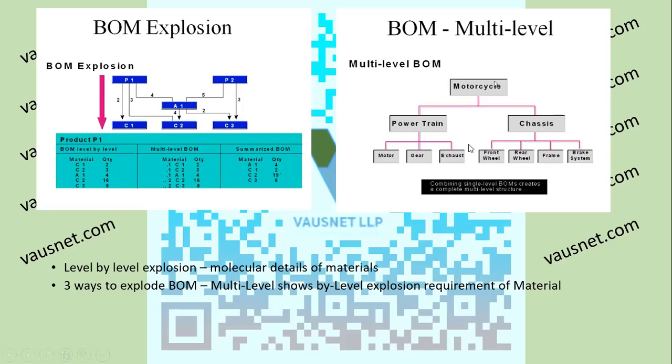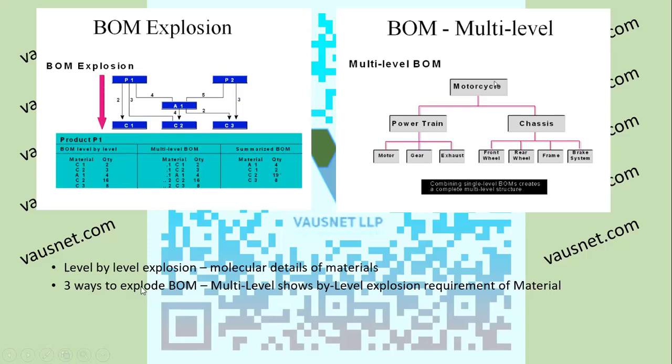For the powertrain, we need these components. These components can also be broken down into further subcomponents that make up these items, so it can be exploded. This is level by level explosion. So molecular details of materials are available for you to see how much of these will be required to achieve the powertrain and the motorcycle as a whole.